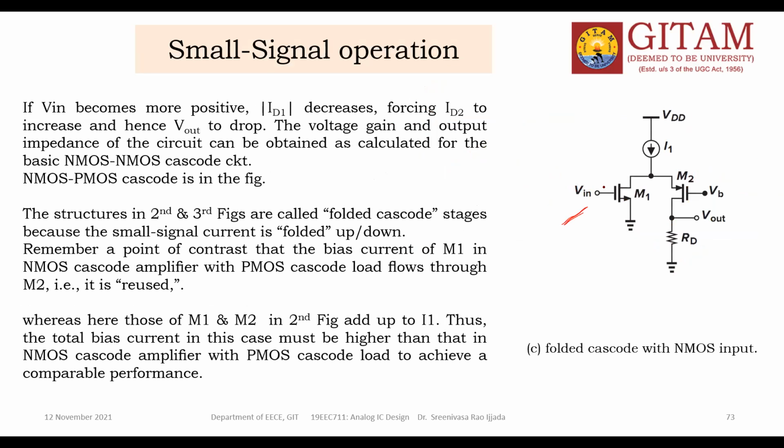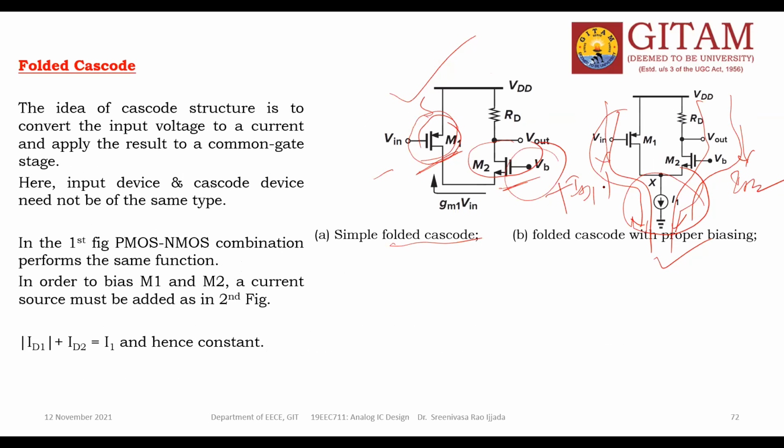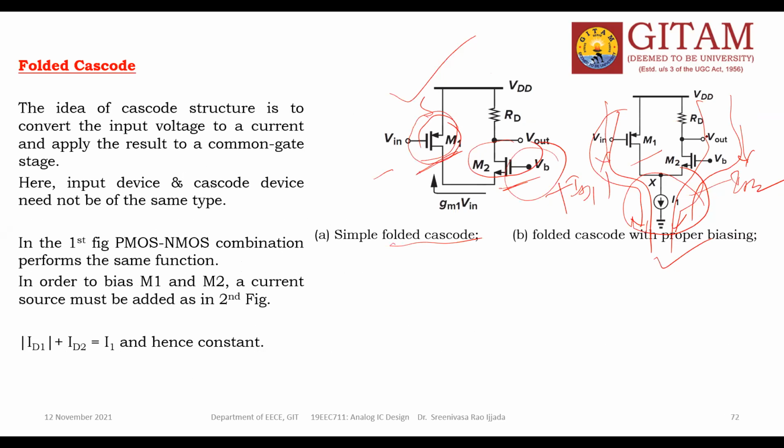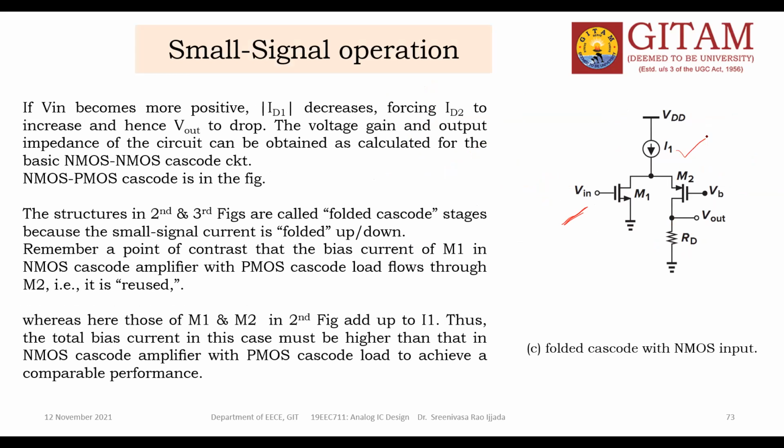What is the difference between this picture and this picture? Here M1 is PMOS, M2 is NMOS. Here it is changed. Whenever you change like this, I1 should be on the top; here I1 should be at the bottom. If V input becomes more positive, because of the NMOS transistor, ID1 decreases.